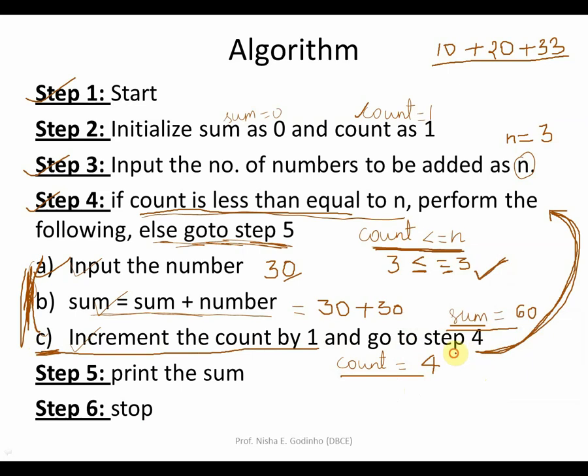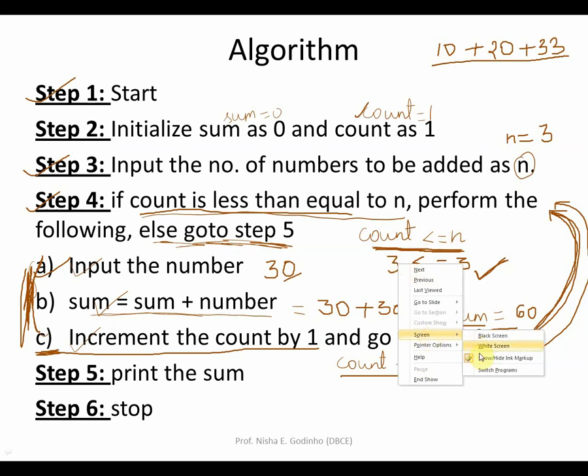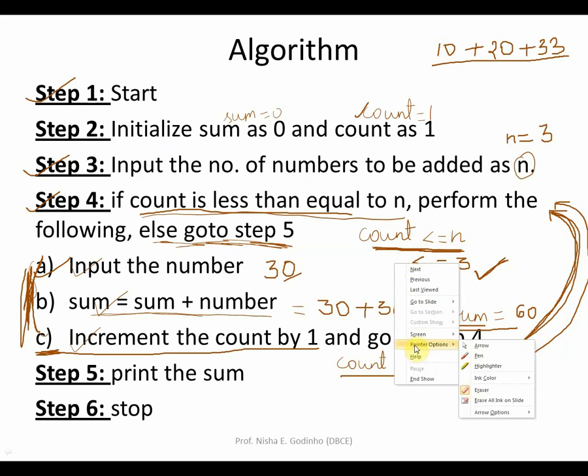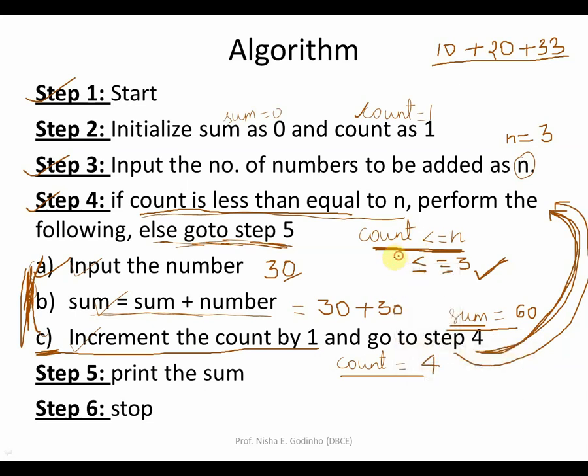And what happens? You have to go back to step 4. Now when you go back to step 4, again you check for this condition, count less than equal to n. Now the count variable is changed, hence we'll update this value also. The count is no more 3, the count is now 4.